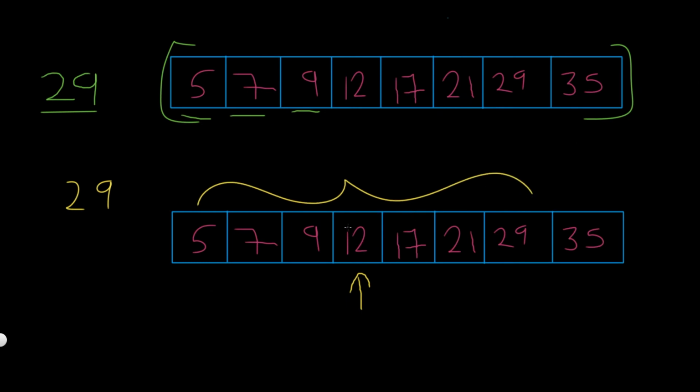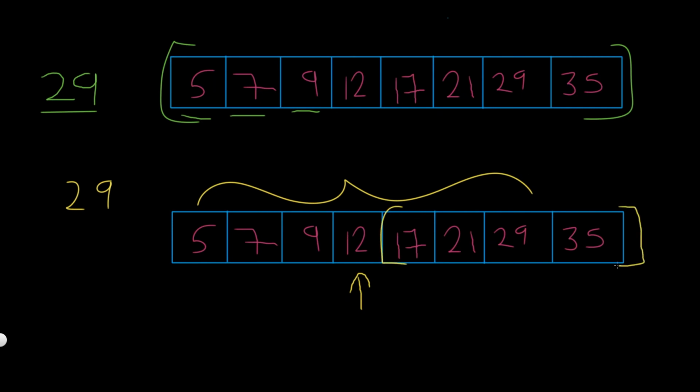In this list the middle element is 12, so we check whether 12 is equal to 29 or not. We know that 12 is not equal to 29, and that 29 is greater than 12. So we can tell that 29 must be after this 12.